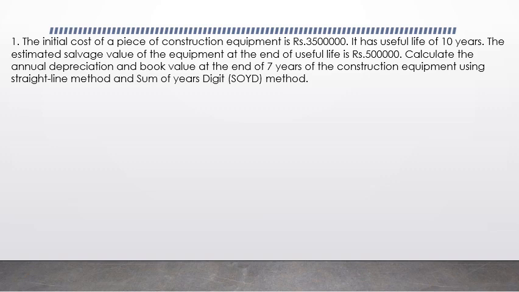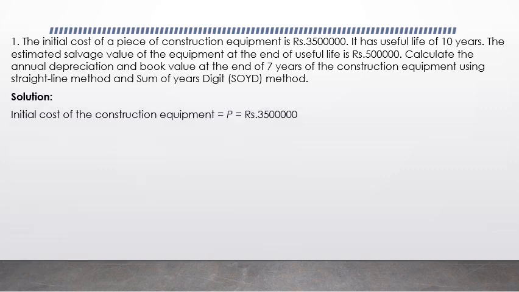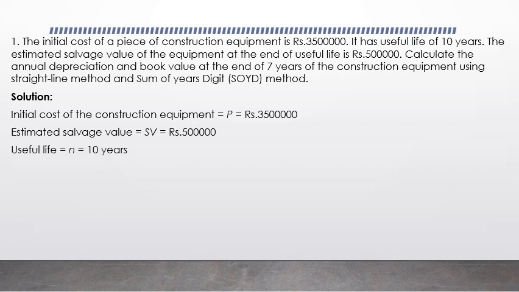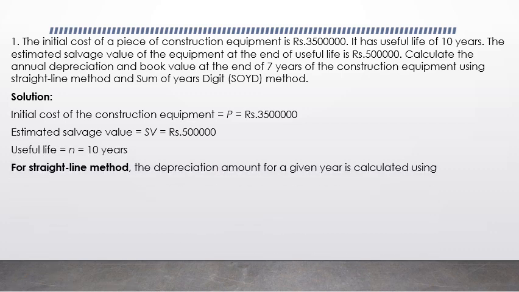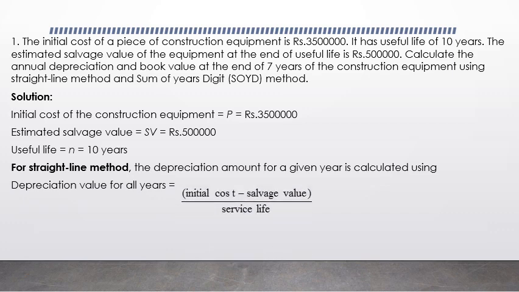Let us start with the straight line method. The initial cost is given as 35 lakhs. Estimated salvage value is 5 lakhs. Useful life is 10 years. For the straight line method, the formula is initial cost minus salvage value divided by service life.